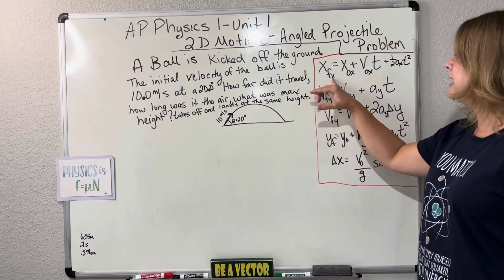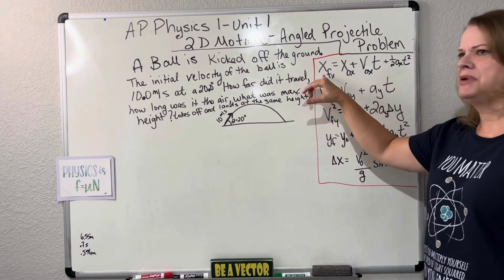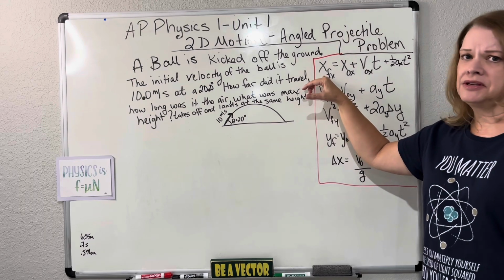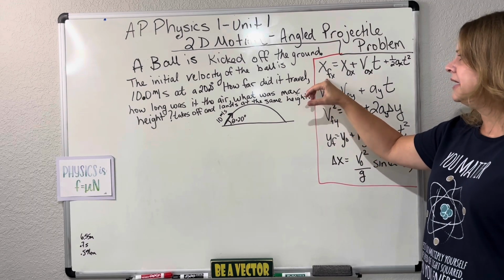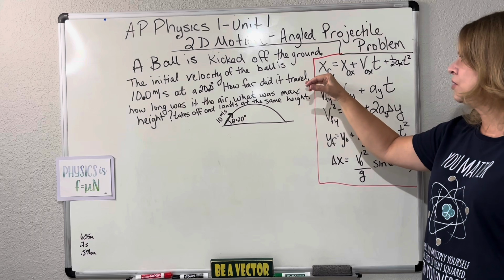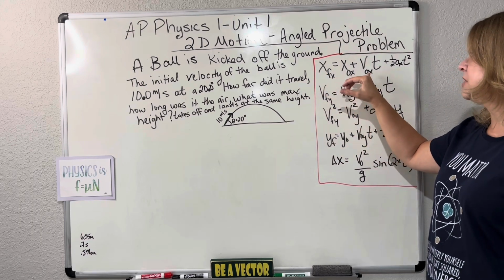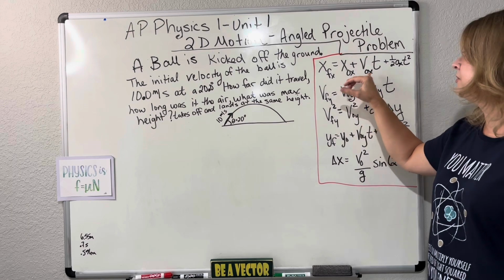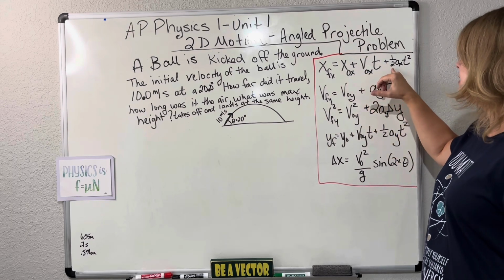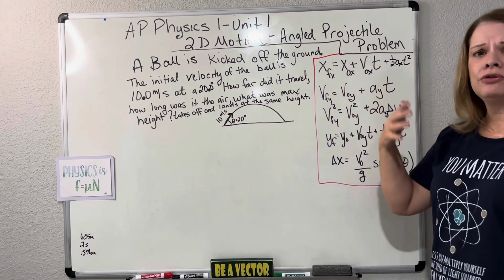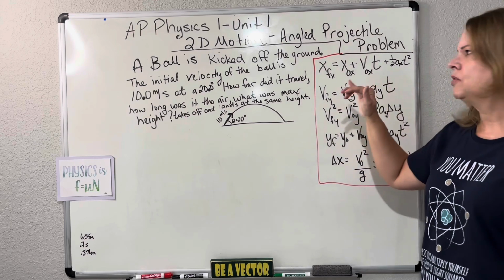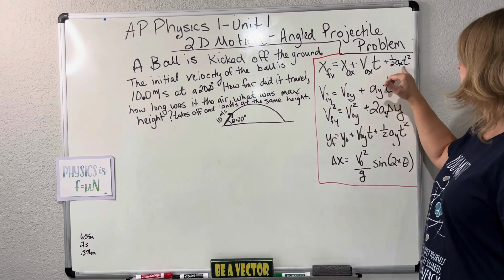All right, but I have one of my big three. The only one that does us any good is that this final position in the horizontal direction equals that initial position in the horizontal direction plus that initial velocity horizontally times time. And then, of course, the equation on your AP equation sheet is plus this 1/2 a times t squared.